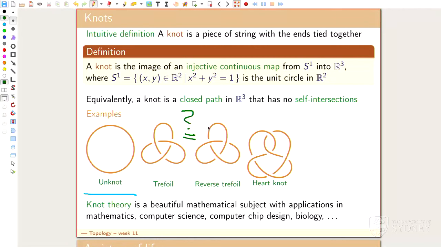One of them goes over, under, following the string. The other one goes under, over. Are they the same? Can you turn your head, or can you turn the knot to make them the same? Doesn't seem to be completely trivial. And is the final knot here on the right-hand side the same as any of the others? Are those trivial? That's essentially the type of questions we would like to answer.